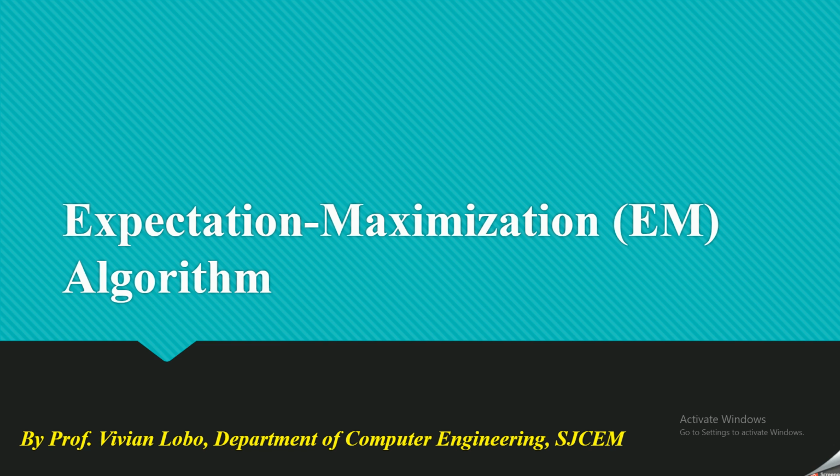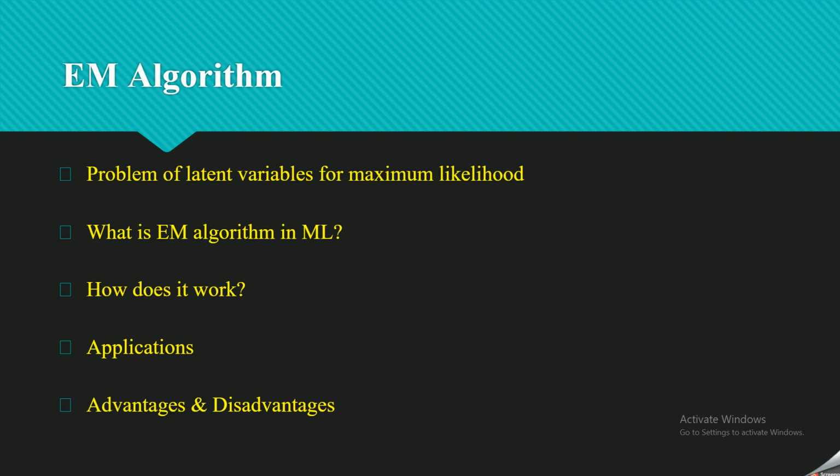that are used for the unsupervised machine learning technique, which is called the expectation maximization algorithm, or sometimes referred to as the EM algorithm. So in today's session, we will cover the problem of latent variables for maximum likelihood estimation.